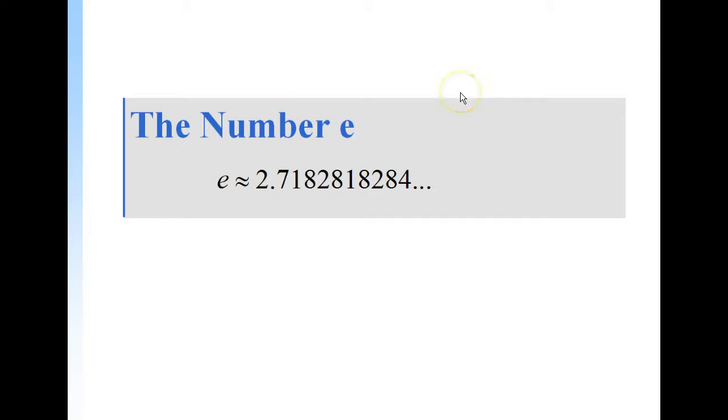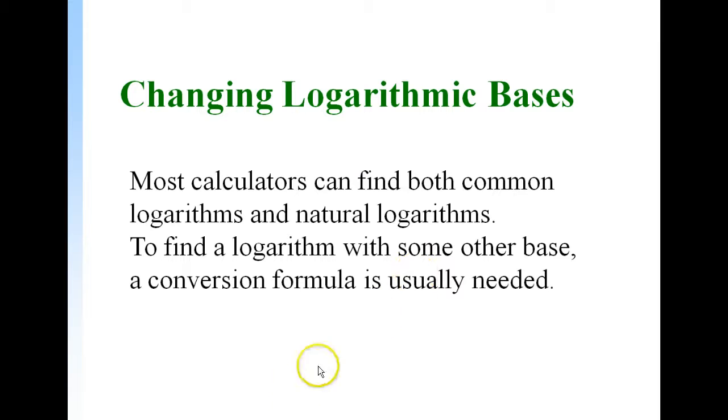Well, in our textbook presentation, we showed you how they get this irrational number E. And it's used in many applications and is usually present on your calculators. Changing logarithmic bases.